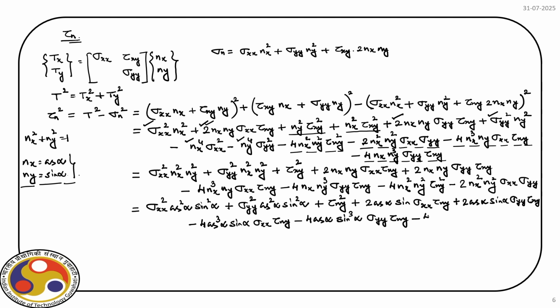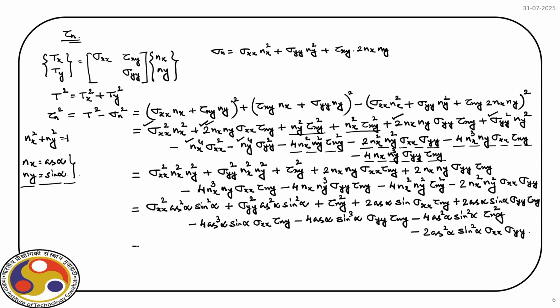Then the last two terms, 4 cos square alpha sin square alpha tau xy square, then minus twice cos square alpha sin square alpha sigma xx sigma yy.